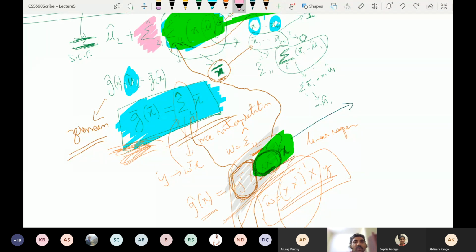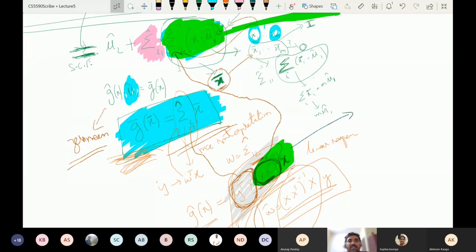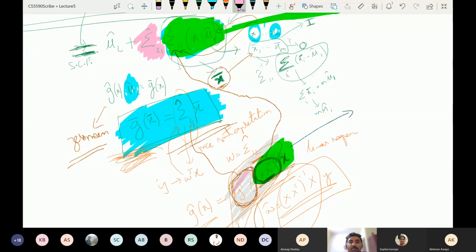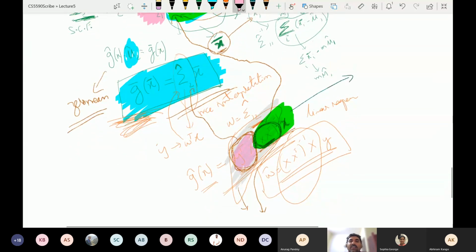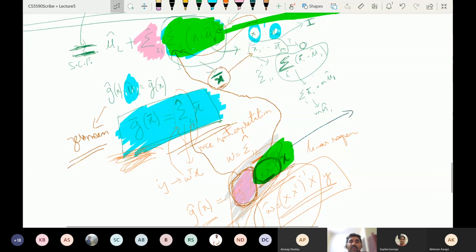So the pink one was capturing the relationship between outputs and inputs. That was done by a covariance term in the case of the probabilistic model. But in the case of the non-probabilistic model, what plays the role of interactions between y and x? It is y into x kind of terms. So it's basically like correlations again, right?